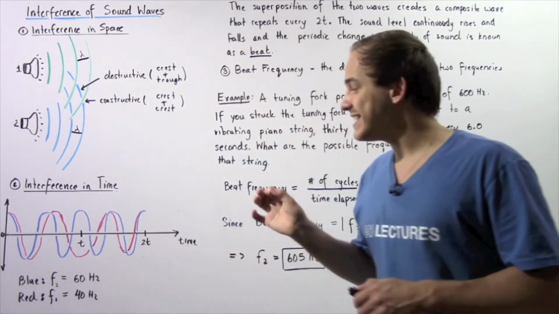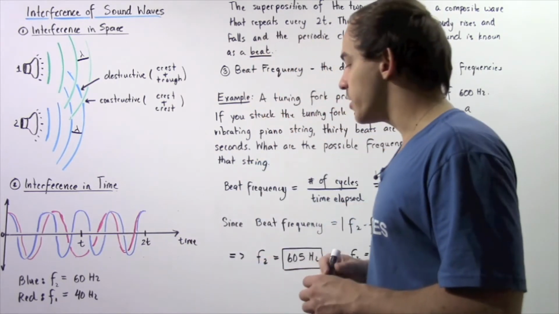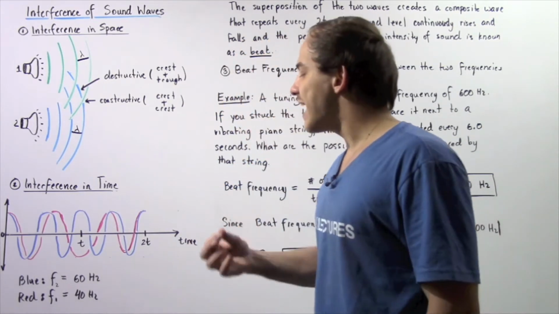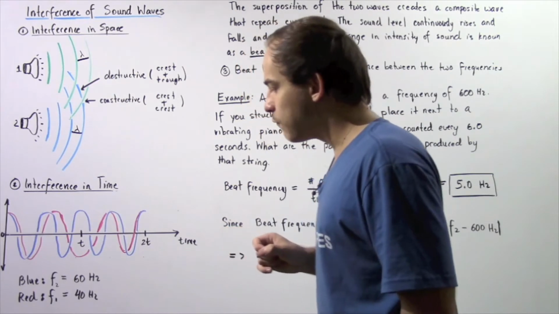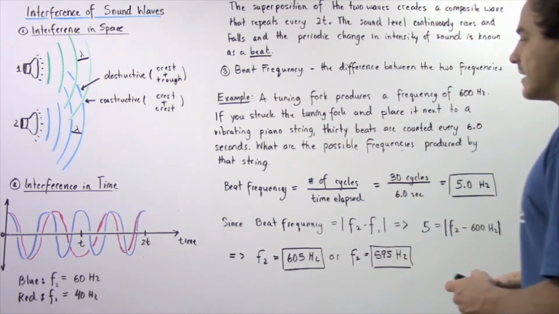The blue wave has 60 hertz and the red wave has a frequency of 40 hertz. So 60 hertz simply means that 60 cycles are made every single second, and the frequency of 40 means that 40 cycles are made every single second.